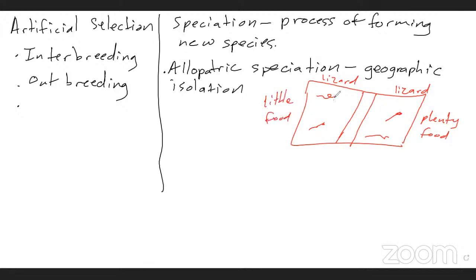So look, the lizard with little food would have to develop certain adaptations. So this is like a river. The point is, something is going to separate a population, a species, right? Over time, they develop different adaptations, till many, many years after, they basically become new species.